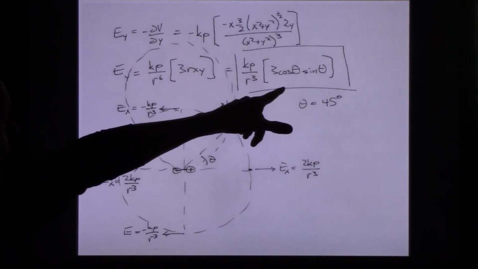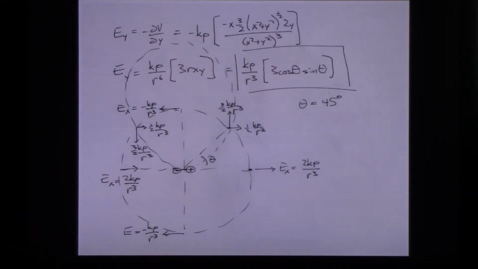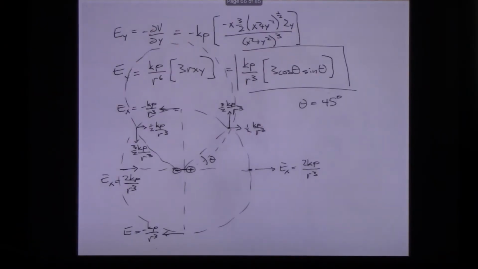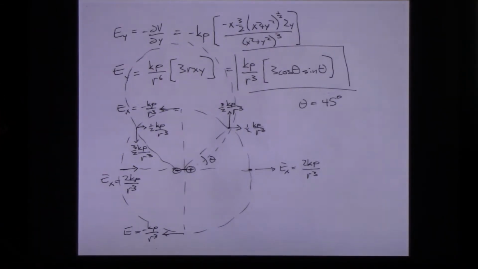So using this formula for the y component, and the one on the previous page for the x component, let's see what those look like. We've got both. Let's look at the common features here. It says the dipole drops off by 1 over r to the third power. So a point charge by itself would have an electric field dropping off like 1 over r squared.